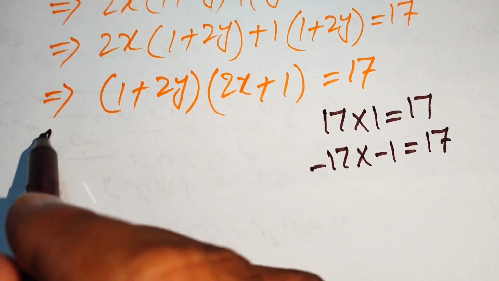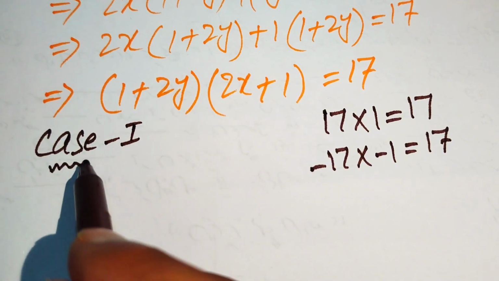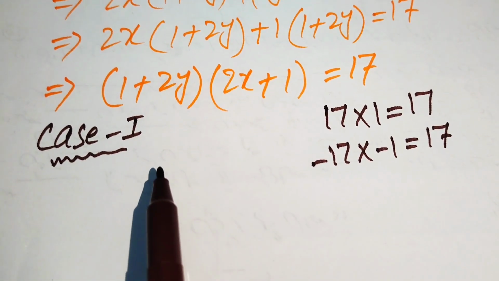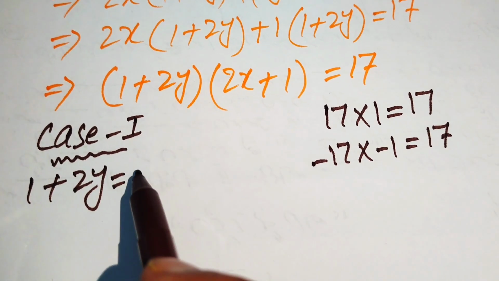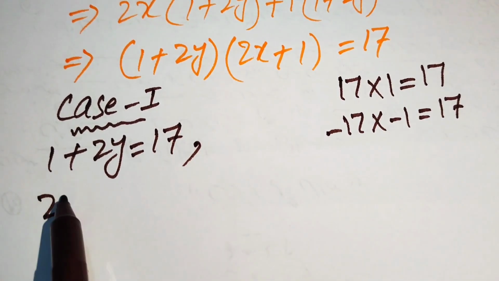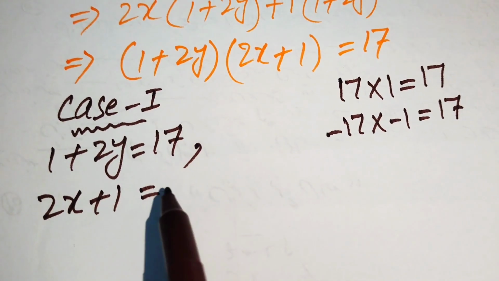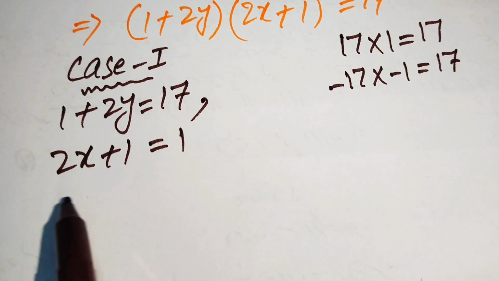So here we make two cases of this question. Case number 1: we take 1 + 2y = 17 and 2x + 1 = 1.